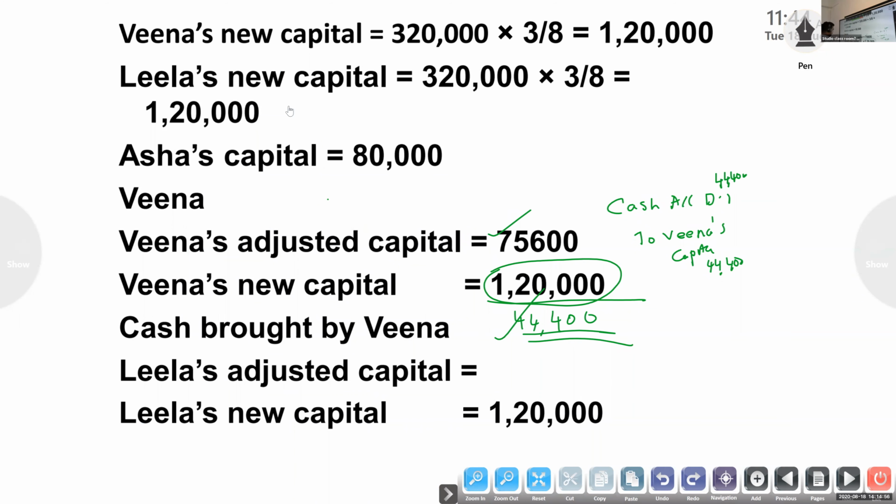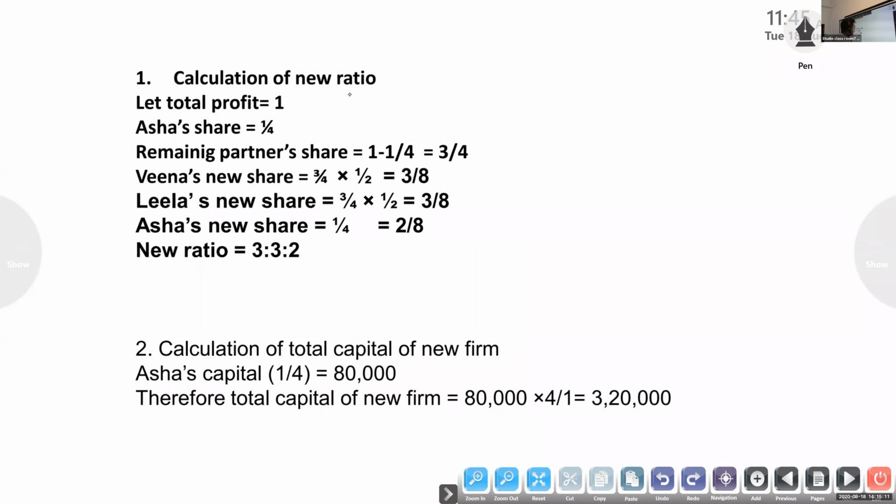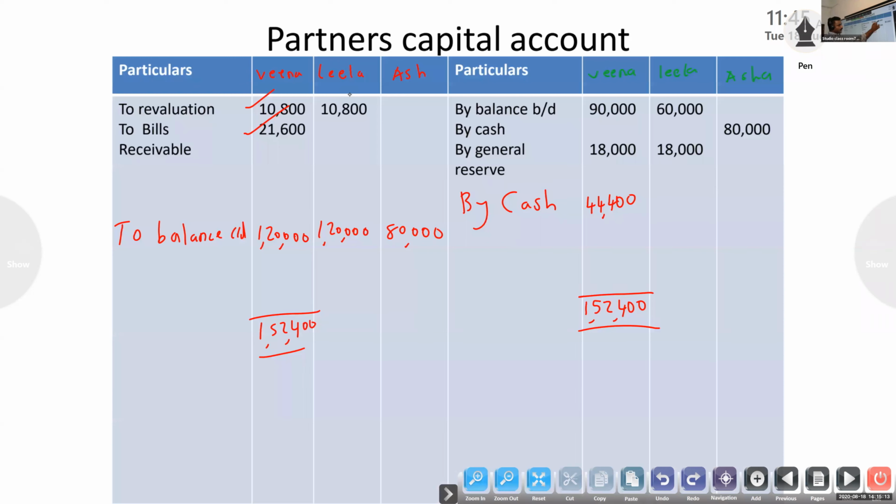Leela's adjusted capital, we have to find it, the same as Veena's. Look, 60,000 plus 18,000, so 78,000, minus 10,800. What is the amount? 78,000 minus 10,800.